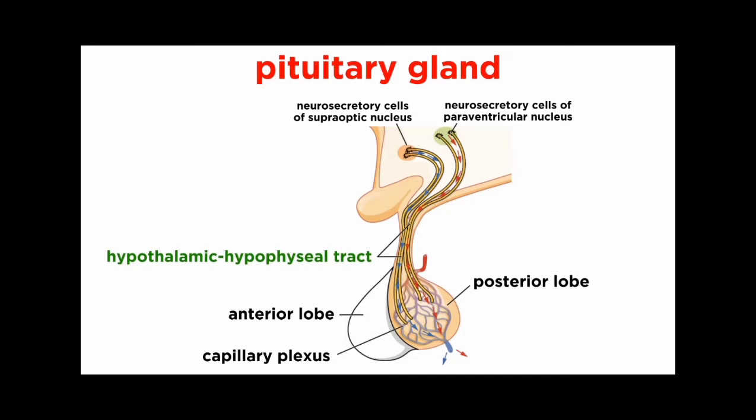The neural connection between the pituitary gland and the hypothalamus is called the hypothalamic hypophyseal tract, and the two main hormones that travel through here to be secreted by the posterior pituitary are called oxytocin and antidiuretic hormone, or ADH, also called vasopressin.